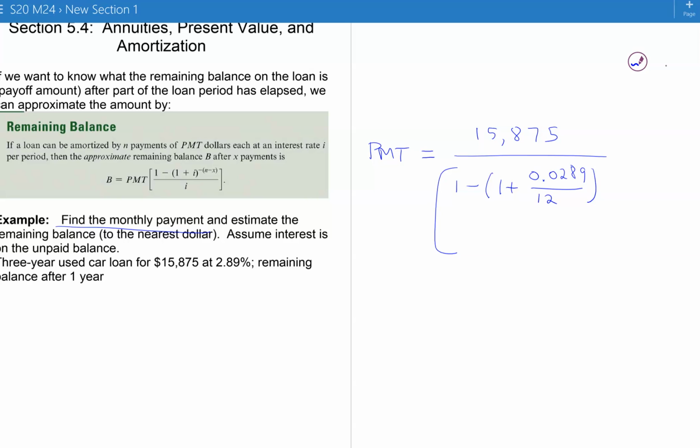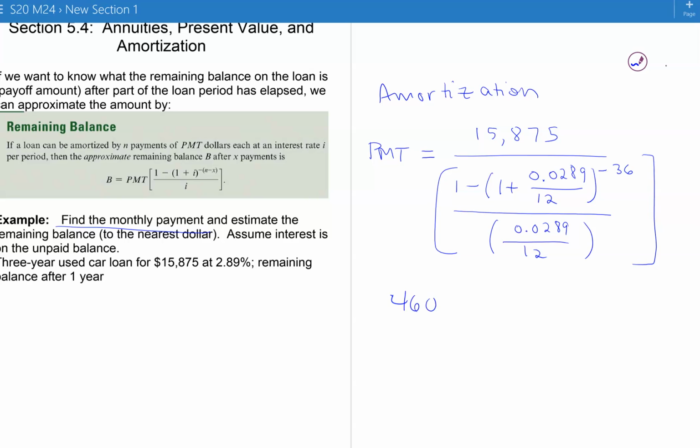Then your exponent is going to be negative 36, because you're doing 36 monthly payments for 3 years, divided by the same interest rate. This is the amortization from the previous formula. And we get $460.90 as the monthly payment amount. So that's find the monthly payment. Okay, now we're going to use this new formula and find the remaining balance.